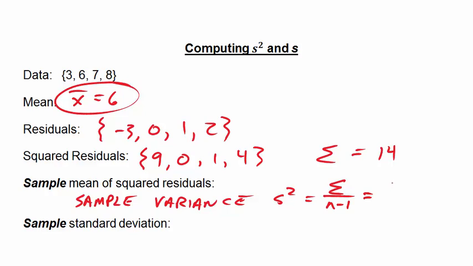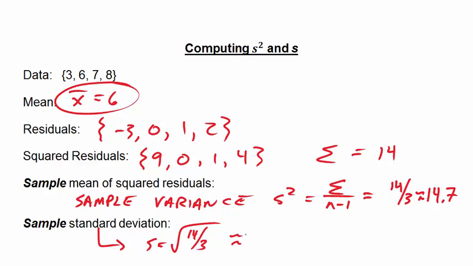So now my sample variance is going to be 14/3, which is something really close to 4.7. And the sample standard deviation is just the square root of that. So s is going to be the square root of 14/3, which is going to be about 2.16.